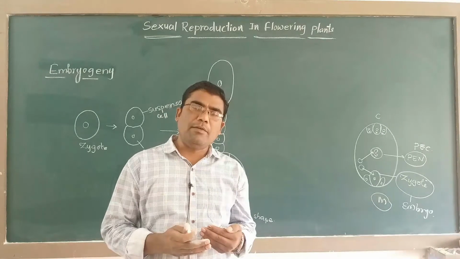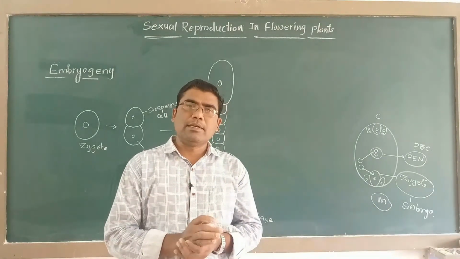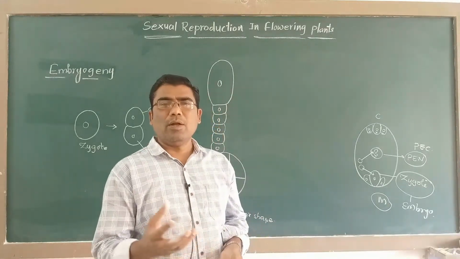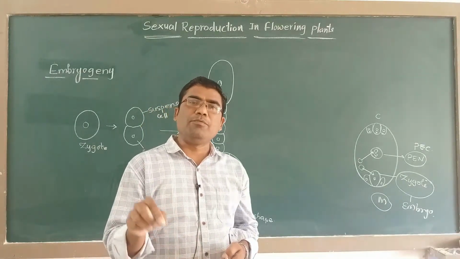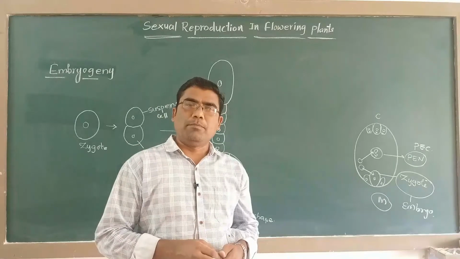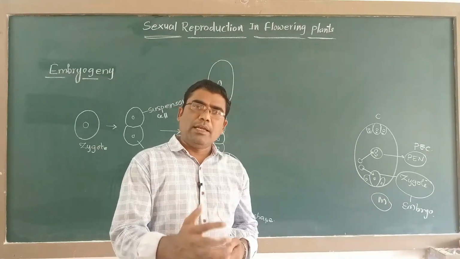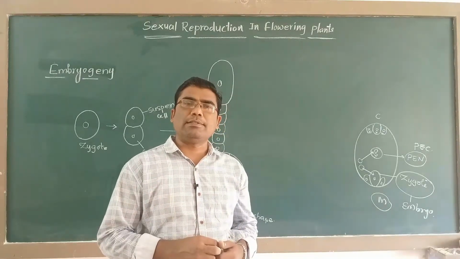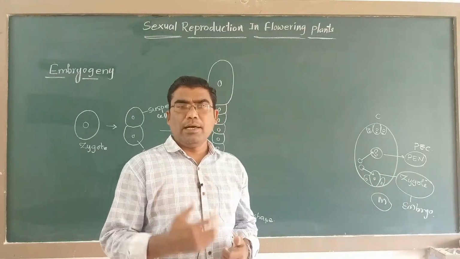After the formation of endosperm, embryo development occurs, because the growth of the embryo requires lots of energy, and that energy is available from the food material stored in the endosperm. So endosperm supplies the food material required by the embryo. Because of this reason, first endosperm formation occurs, and after that, embryo development occurs.